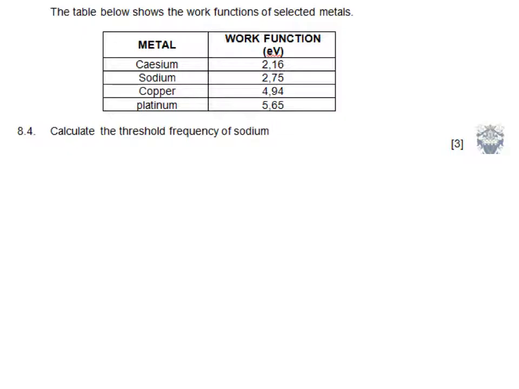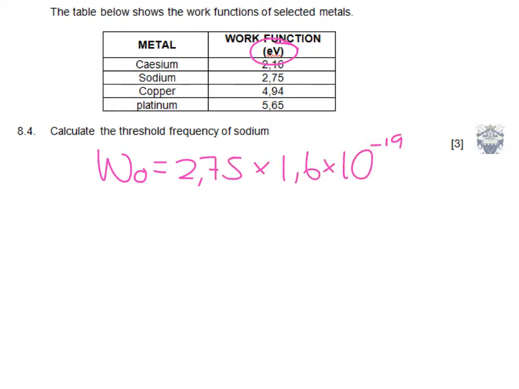And then the table shows the work functions of selected metals. There they are. Calculate the threshold frequency. Remember, you've got to change that electron volt value into joules. So that's the first thing. So my work function is equal to 2,75 times 1,6 times 10 to the negative 19, which is my conversion factor, and I get 4,4 times 10 to the negative 19 joules.